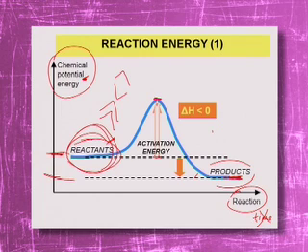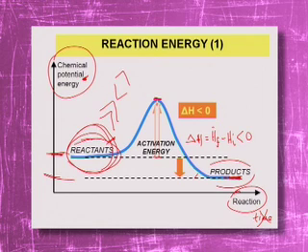In other words, the heat or energy of the products, HF, minus HI, which gives us delta H, is equal to the final energy minus the initial energy. If the products, the final, are less than the initial, then this term will be less than 0.